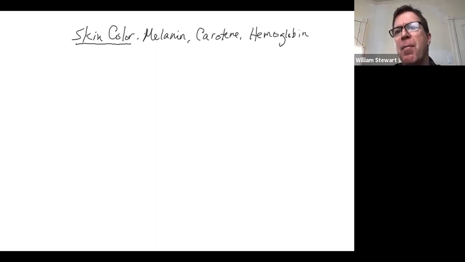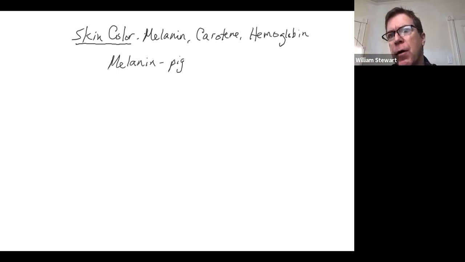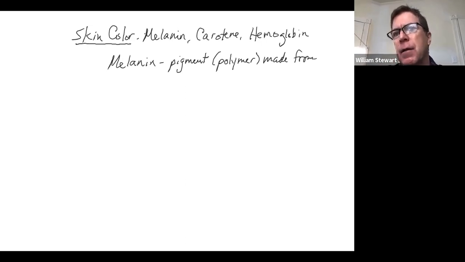We know a little bit about melanin. This is a pigment that's secreted by melanocytes. We already went over that. It is a polymer made from the amino acid tyrosine.